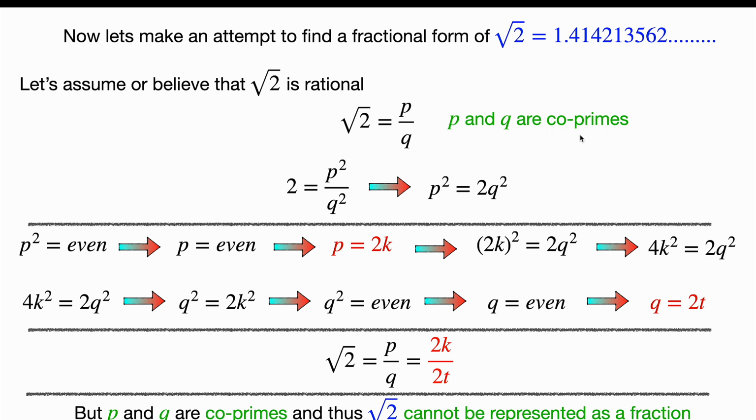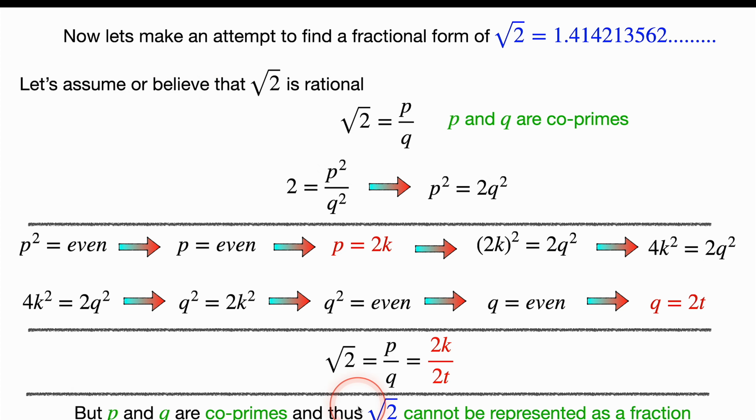We end up reaching a contradiction that p and q have a common factor. We started with the assumption that there is no common factor for p and q, but we end up with the result saying that p and q have a common factor too. What does this mean? This means that our original assumption was wrong.